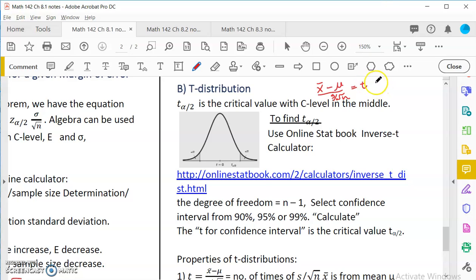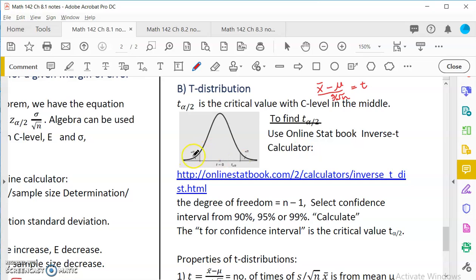So this t distribution is also a bell-shaped distribution with the mean equal to 0, but it's not exactly a z. Z is bell-shaped with the mean equal to 0, but the tail is not the same as z. It has higher tails.